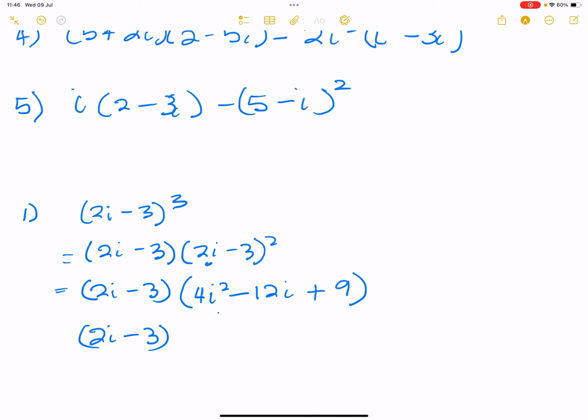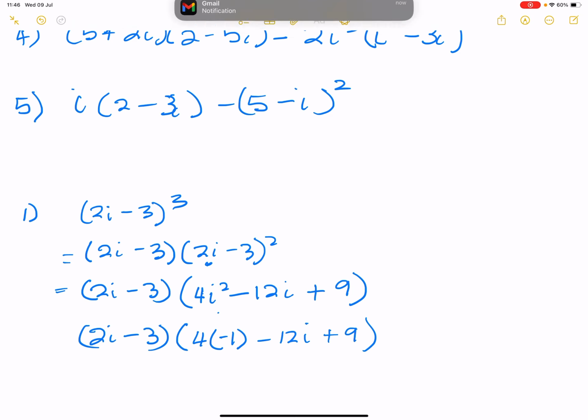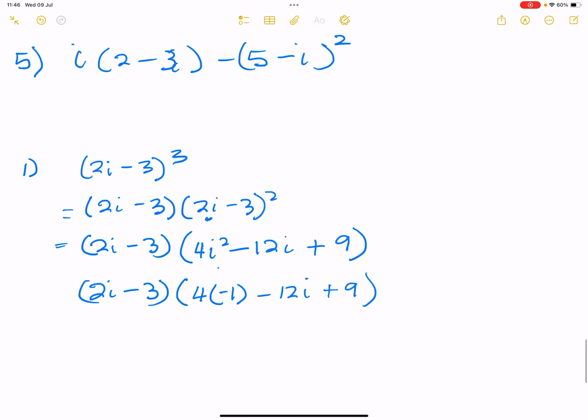Okay, let's simplify this. So this is 4i squared. Remember, i squared is negative 1, minus 12i plus 9. To keep this in mind, 4 times negative 1 is negative 4, plus 9 gives us 5.